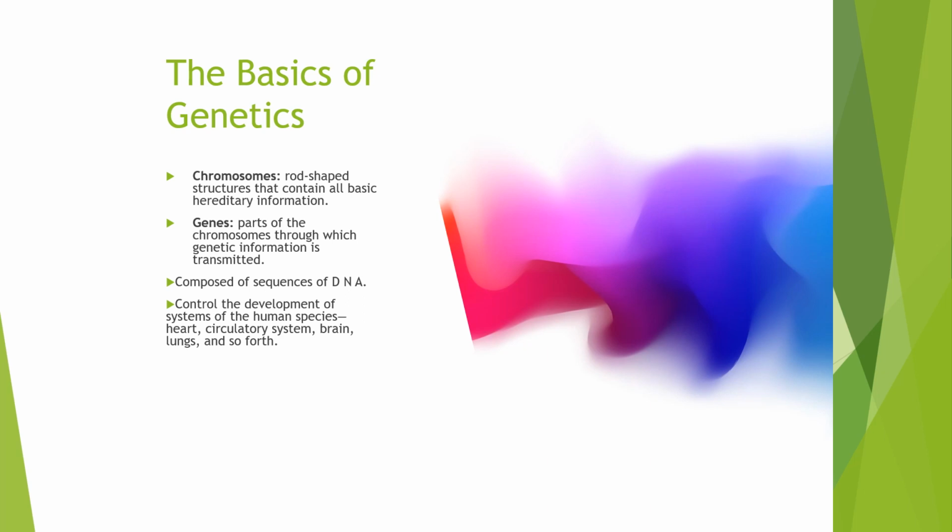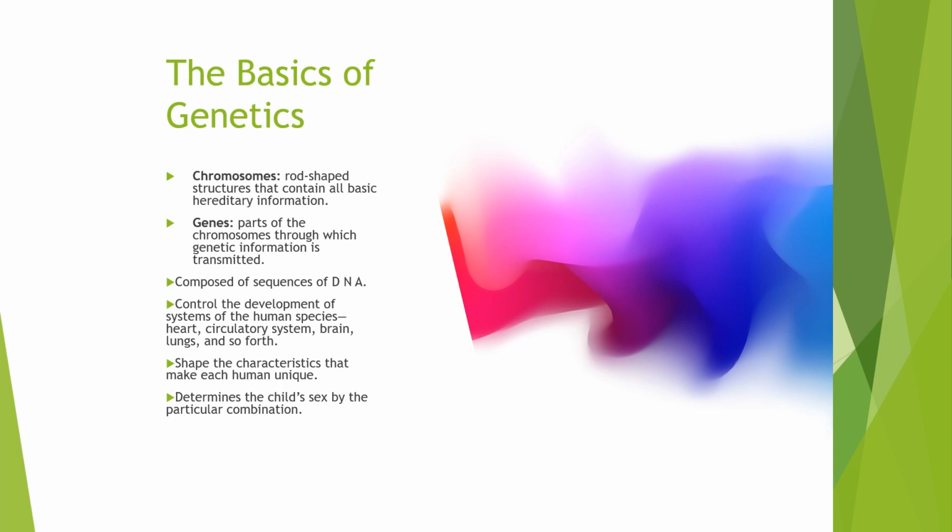But it is your DNA genetic makeup that controls the development of these various systems. It also shapes the characteristics that make each of us unique and different from each other. The only individuals that have the exact same DNA, the exact same genetic makeup, are identical twins. Everyone else is completely different in their DNA than another individual is.